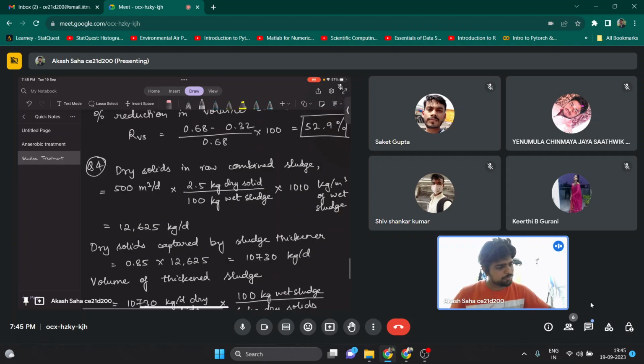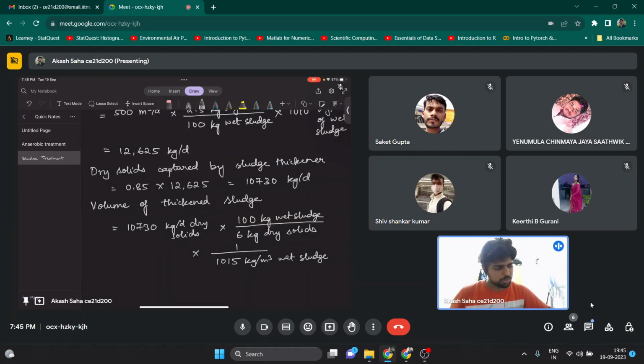So earlier we found out the dry solid content. Now we are finding out the volume, so slightly the formula will change. The left hand side, right hand side, so it will be equal to 776 meter cube per day. So this is the volume per day in the thickened sludge.